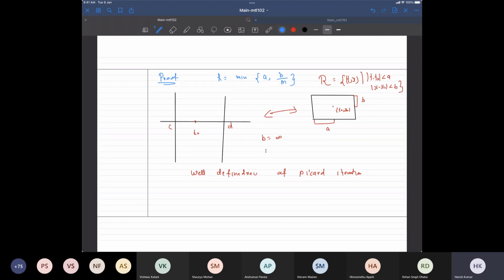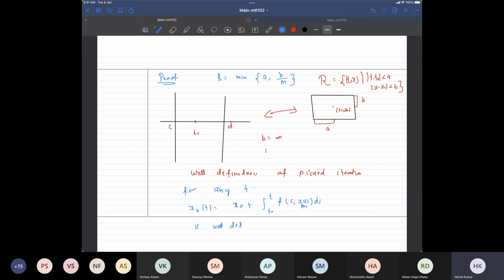For any t, x_n(t) is equal to x naught plus the integral from t naught to t of f(s, x_{n-1}(s)) ds. This iteration is well defined.